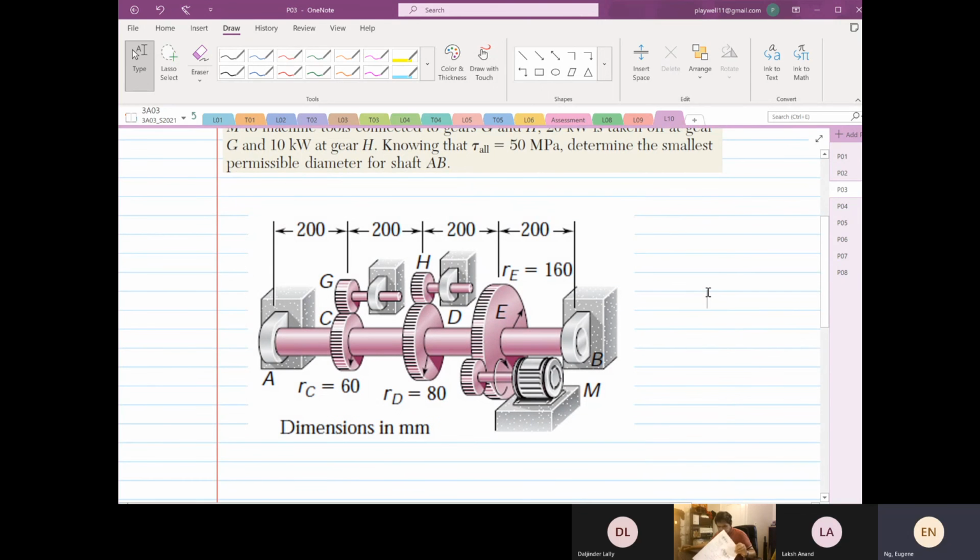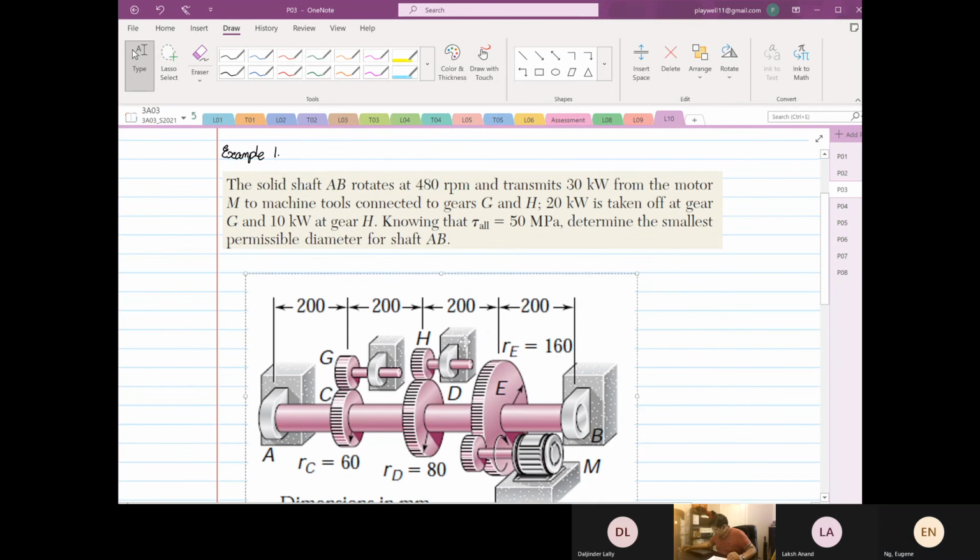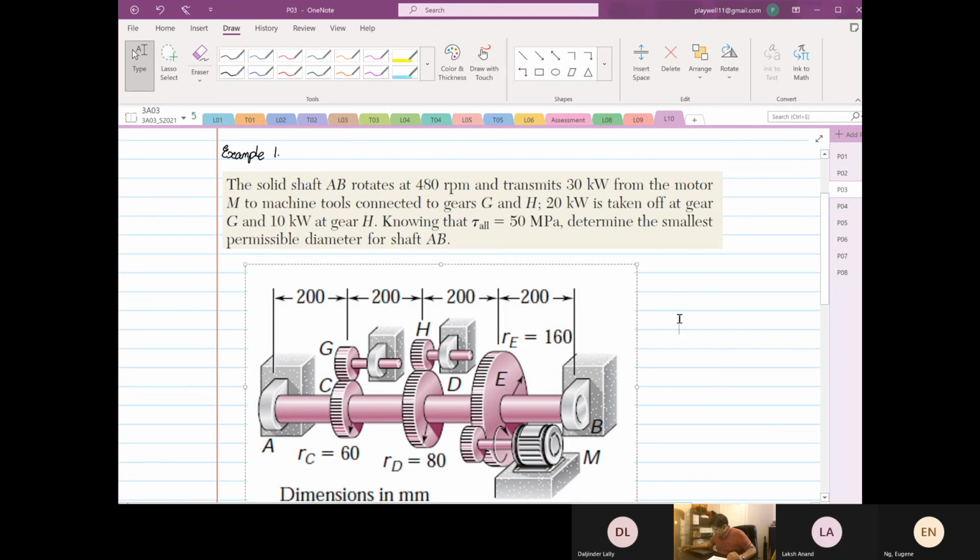Here we go. What you can see down here is that we have a solid shaft AB rotating at 480 RPM and transmitting 30 kilowatts.